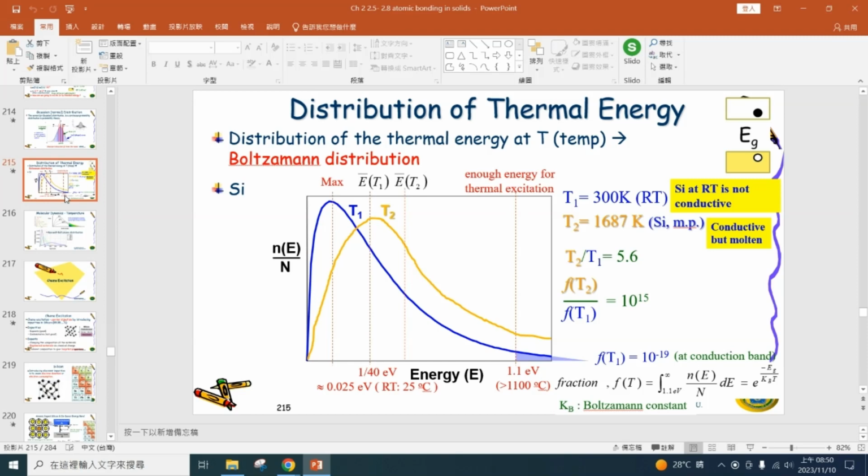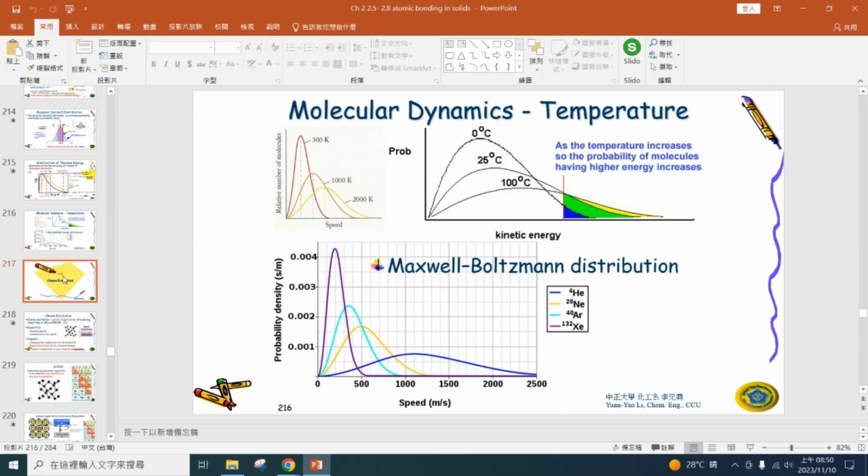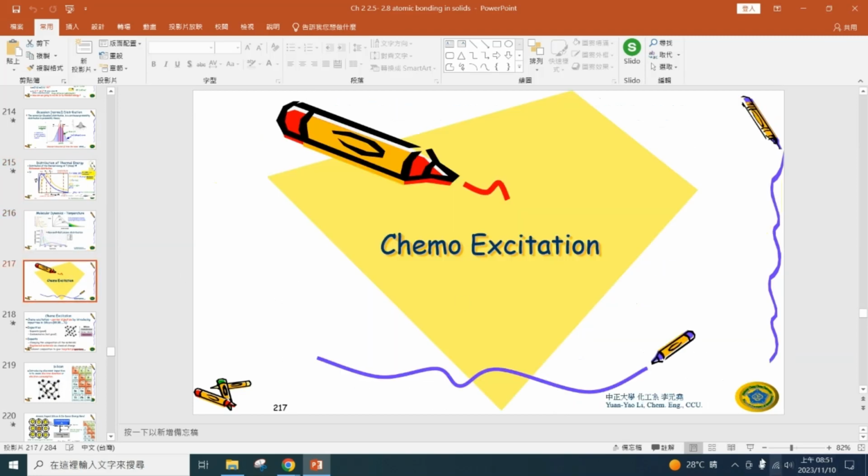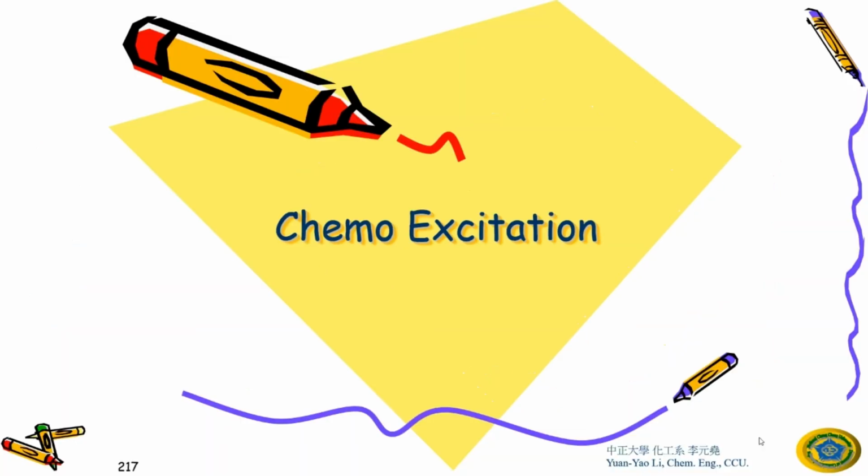We regard molecules as individuals, so there's a temperature distribution for the molecules in this room, and the temperature of these molecules follows the Boltzmann distribution. Okay, so today we are going to talk about chemoexcitation.